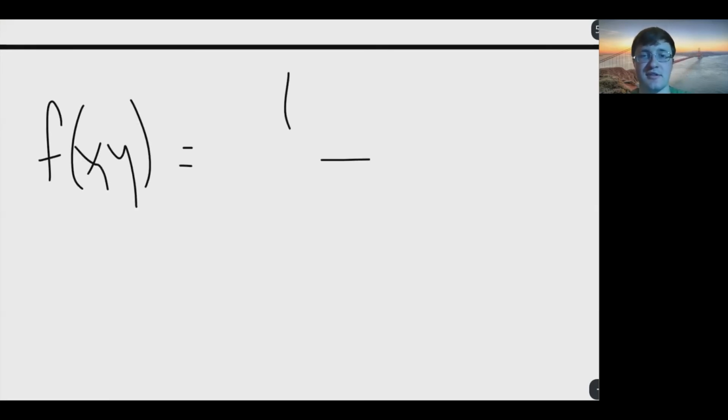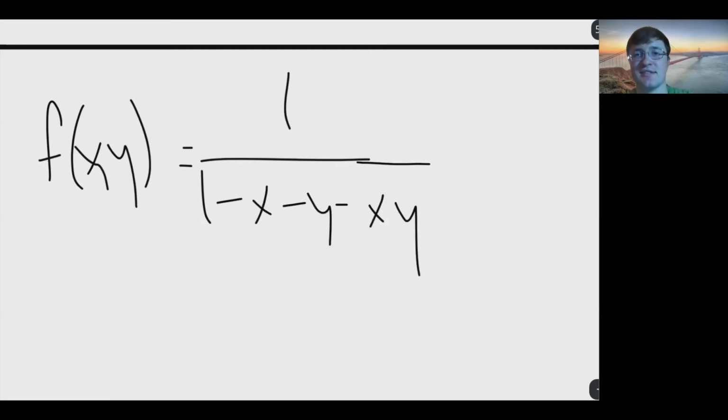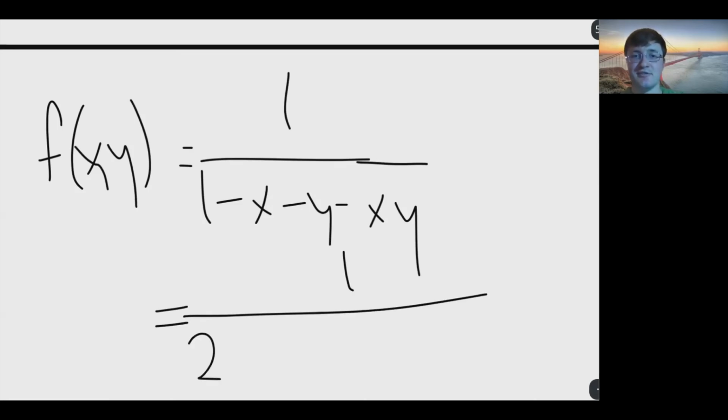Remember, we're starting with 1 over 1 minus x minus y minus xy. But this gave us x plus y plus xy and powers of that, and that's kind of annoying to deal with. So what we could do is add and subtract 1 in the denominator. So we get 1 over 2 minus 1 plus x plus y plus xy.